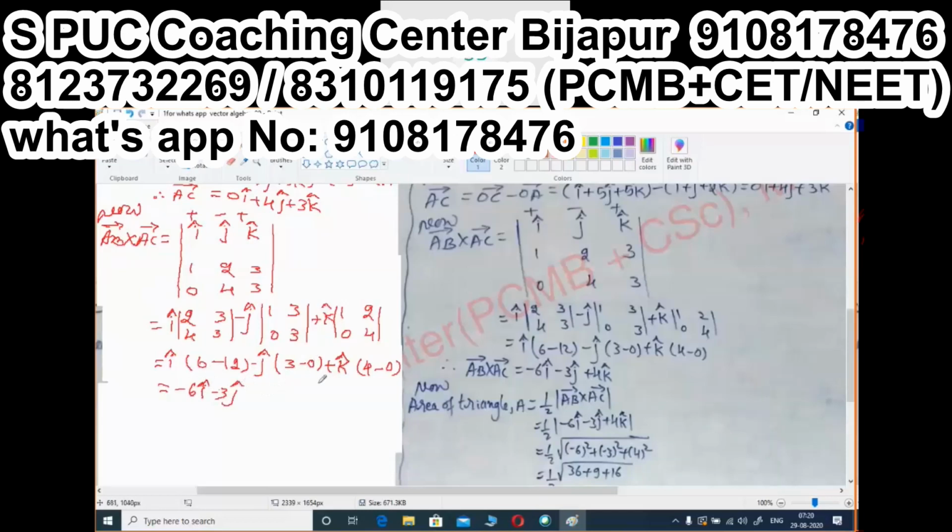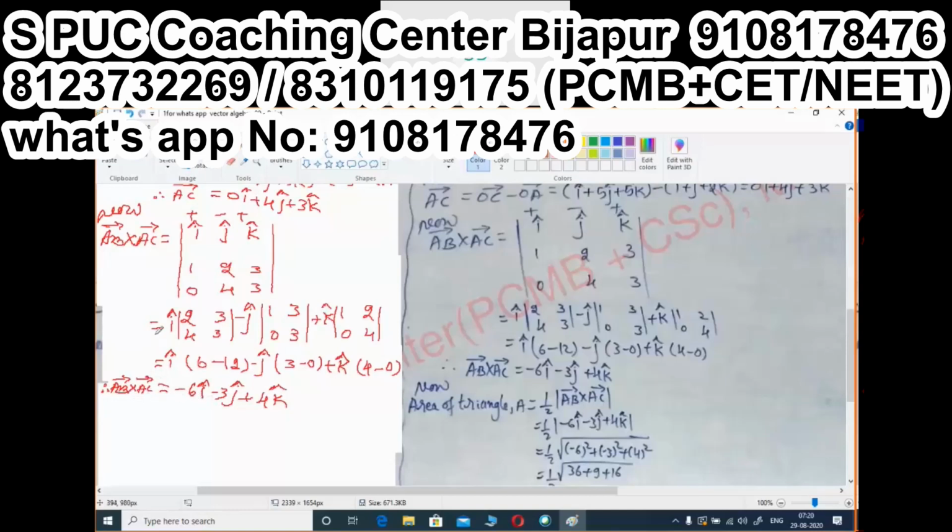Next, 4 minus 0 is 4, so 4 K cap. Therefore AB vector cross AC vector is required.